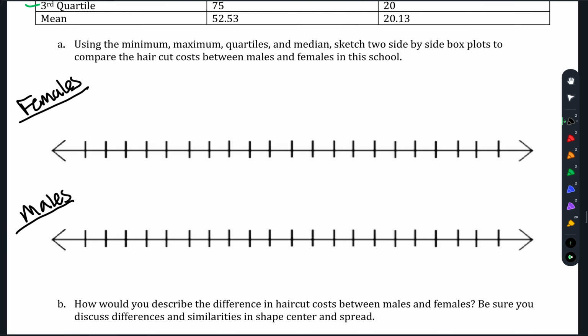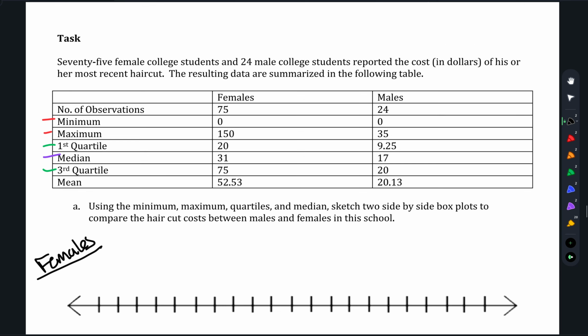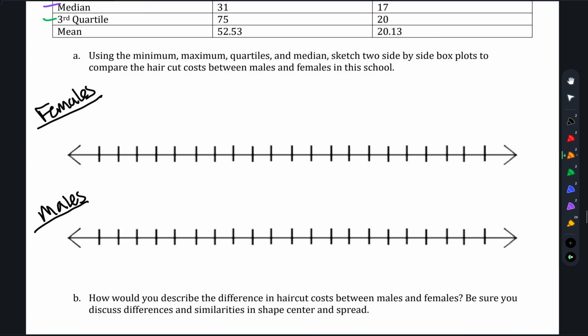When we start doing the labels on these tick marks, we have to make sure that they're the same in both graphs, because if they're not the same, I'm not really going to be able to compare them. So I'm going to look for the minimum and the maximum value that I need, because that's going to tell me how I need to count. The minimum is 0. The maximum for males or females is 150. So I need to somehow make 150 fit on this graph.